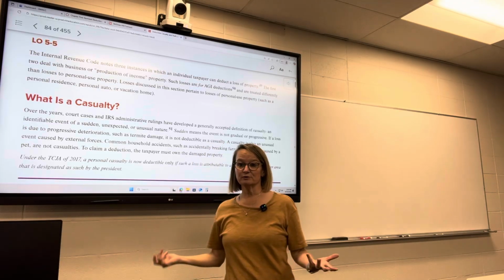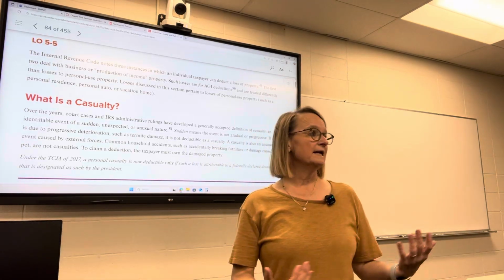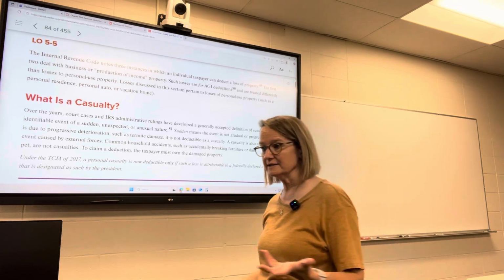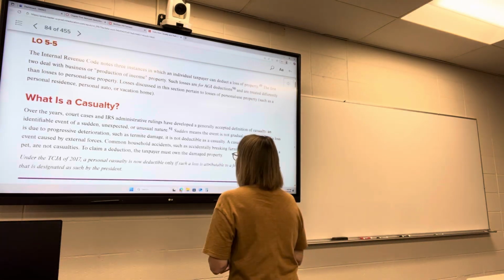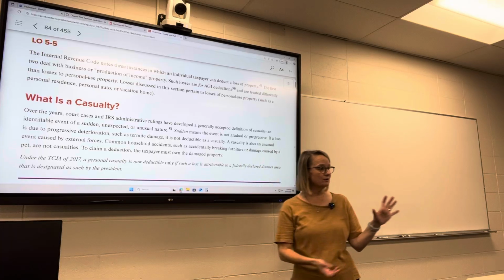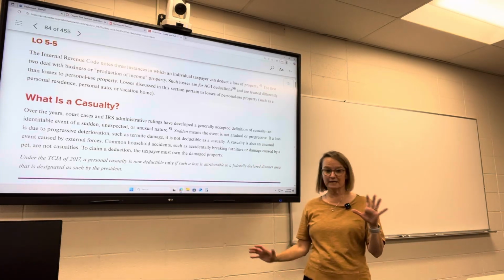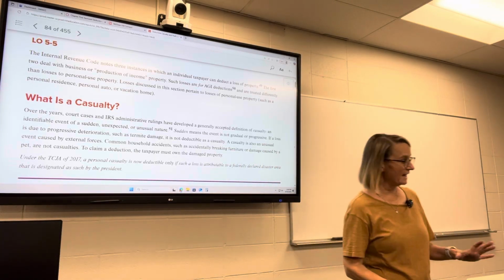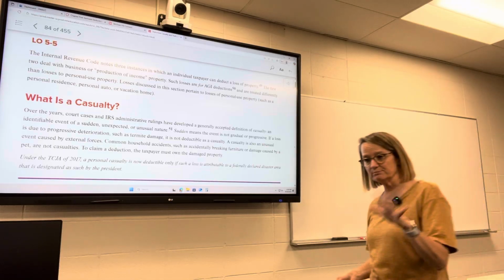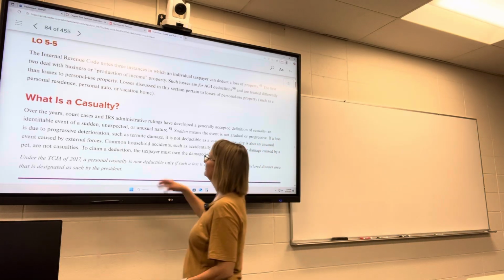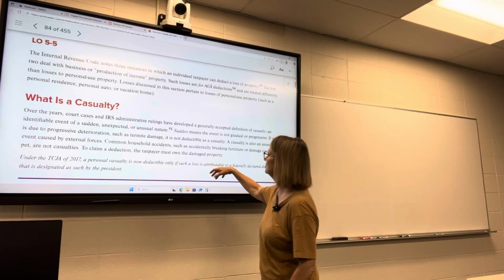So, for example, if you live in Florida, it's not unusual for hurricanes to hit, right? In practice, though, the IRS really doesn't deny people a deduction for a casualty loss for something like a hurricane, even though it may be unusual in nature.